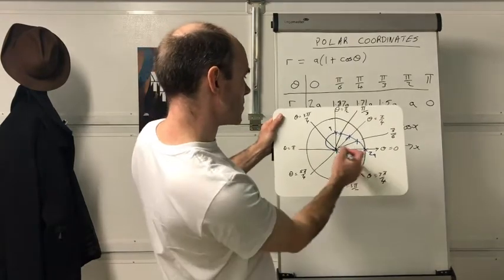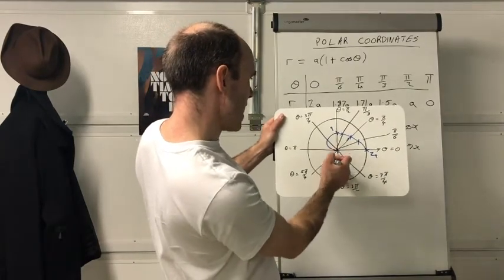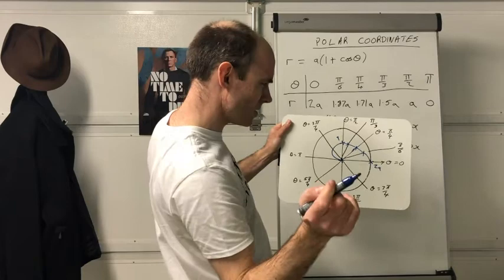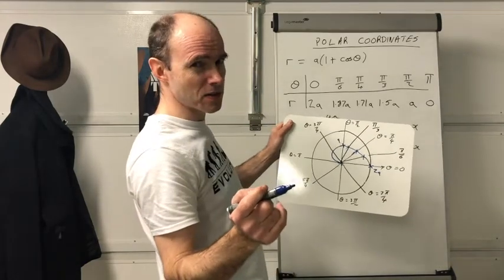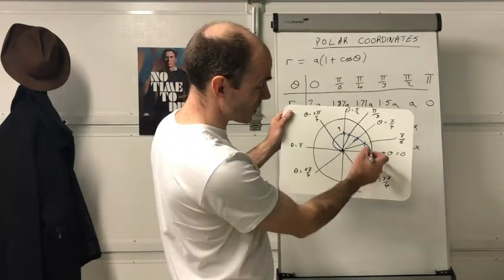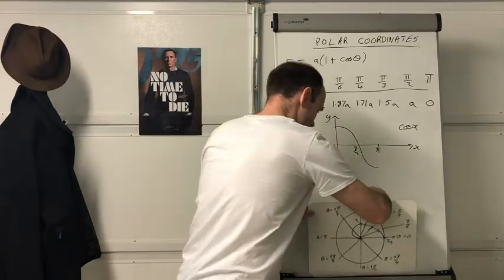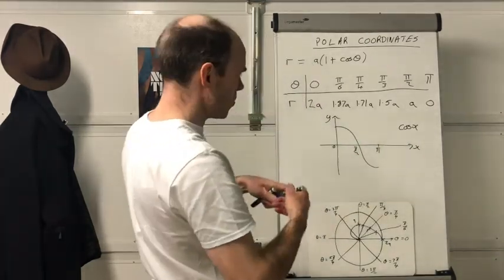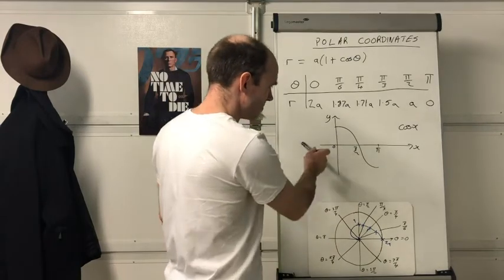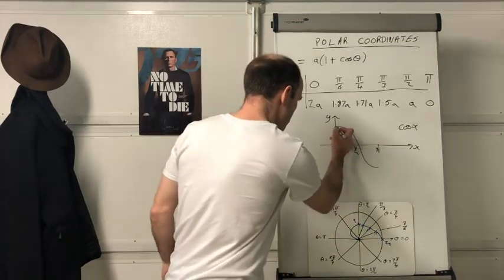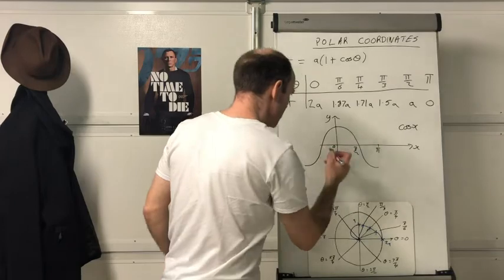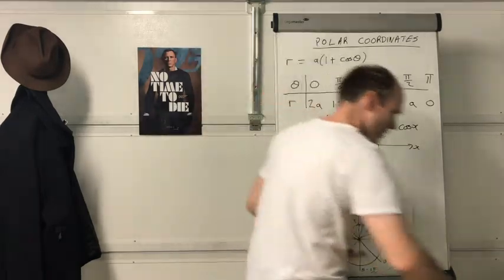What I want to do now is look at what's happening between pi and 2 pi. Now remember, I did say that sometimes it's more useful to think of it as between 0 and negative pi. For the cosine graph, what does it look like between 0 and negative pi? It's a mirror image, isn't it? Okay, it's a mirror image.